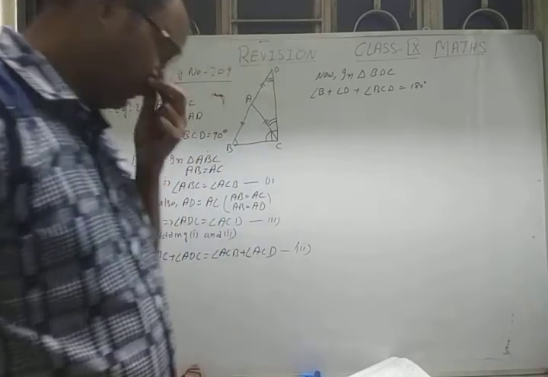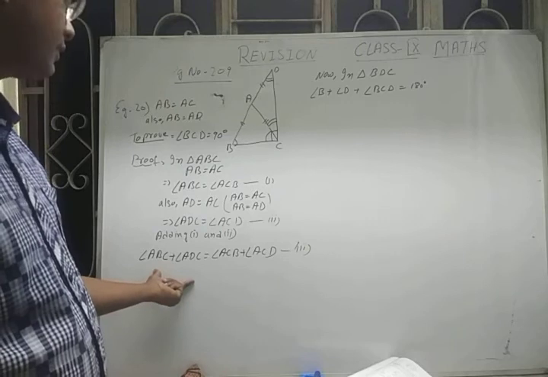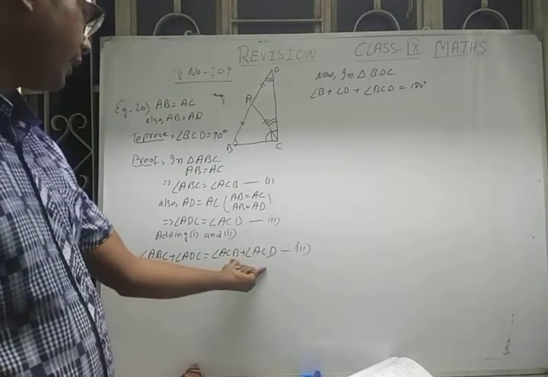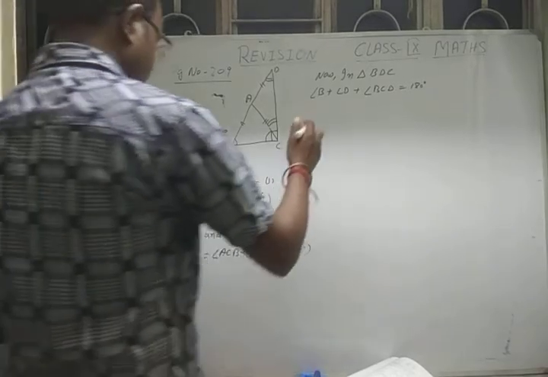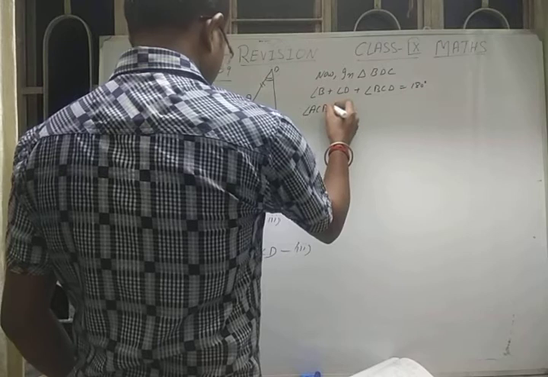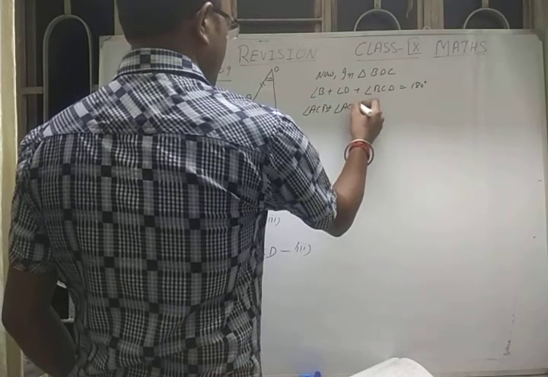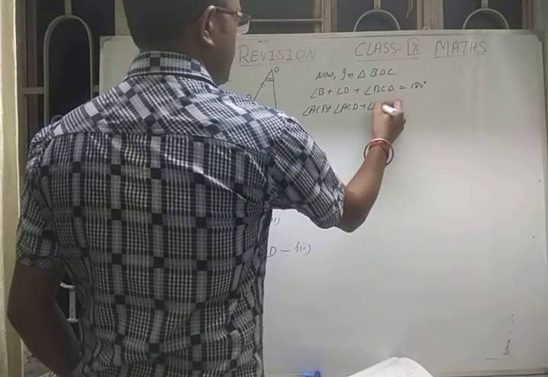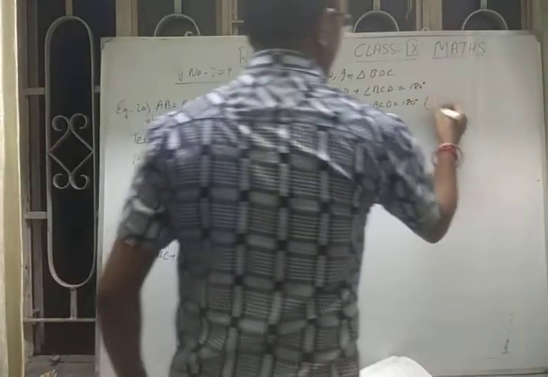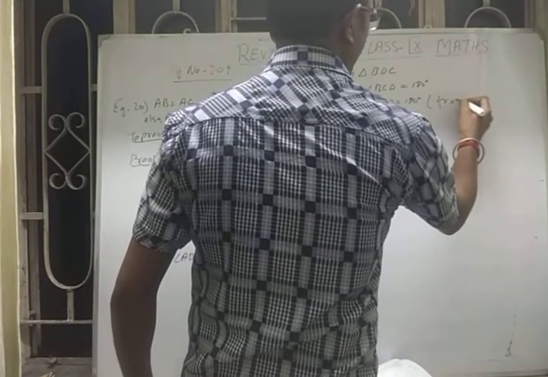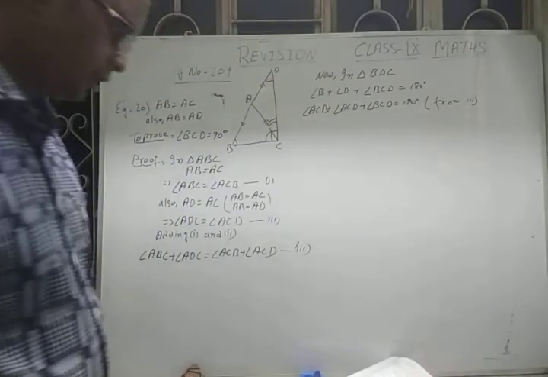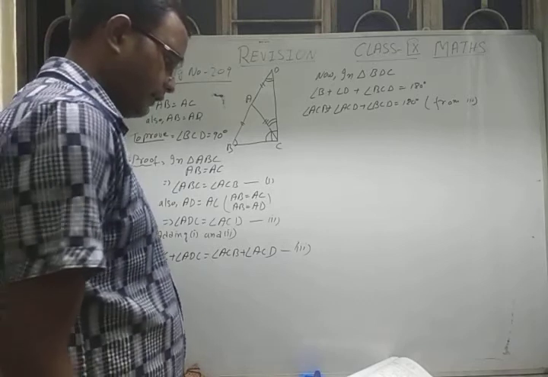Okay. So since these two angles, B and D, in place of this you can add these two, right? From 3 you can write angle ACB plus angle ACD plus angle BCD equals 180. From 3 it is in this way.